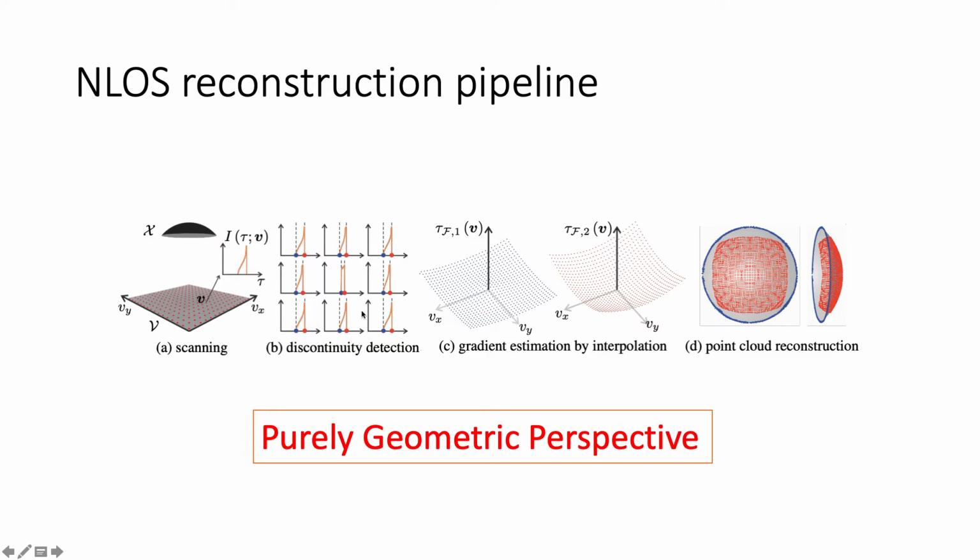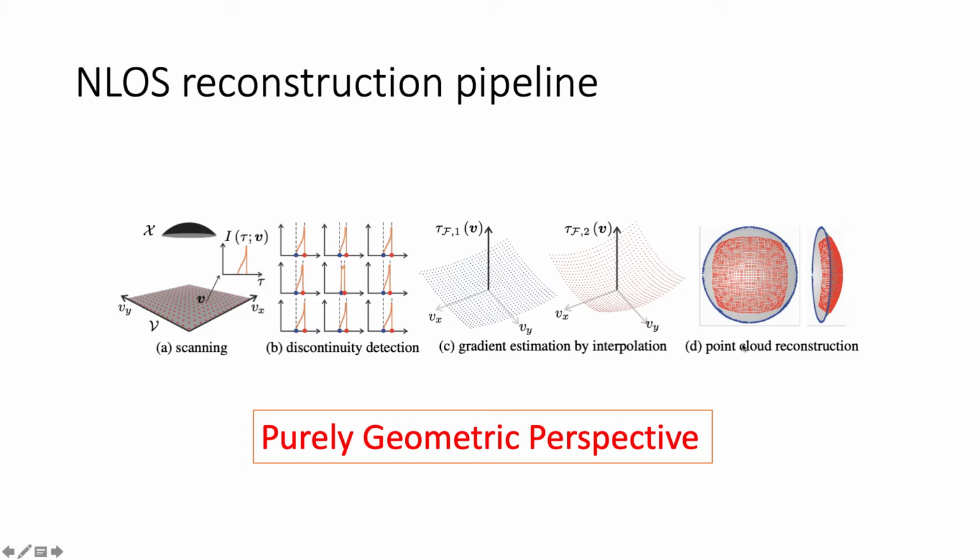Then, the authors proved that Fermat paths correspond to discontinuities in the transient measurements. For each measured transient, we can detect the path lengths where the transient is discontinuous. This corresponds to samples of the multi-valued Fermat path length function tau_f(v).